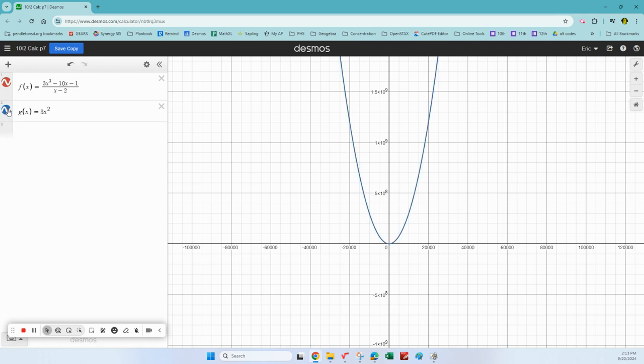There, see, they look the same. They're indistinguishable, right? If I zoom out.